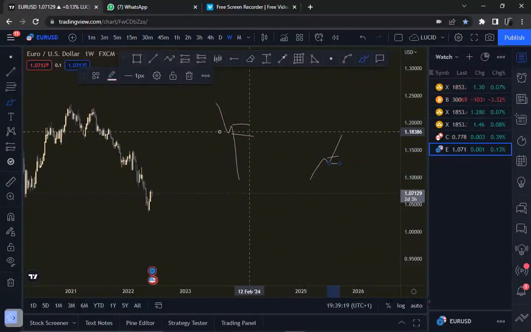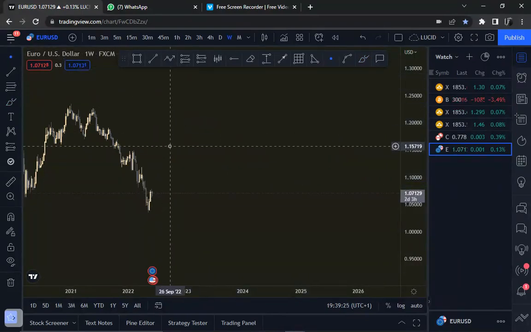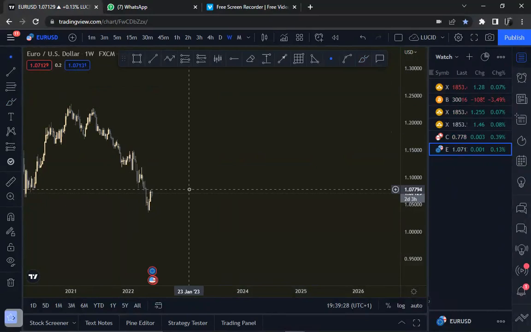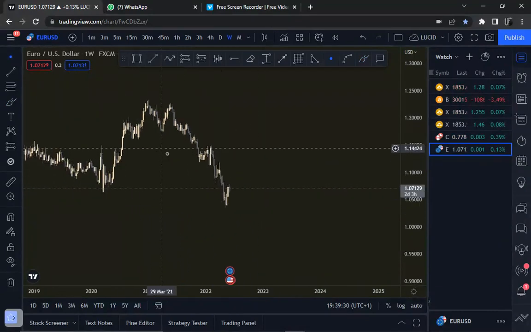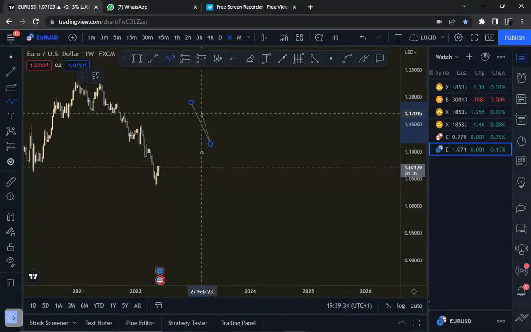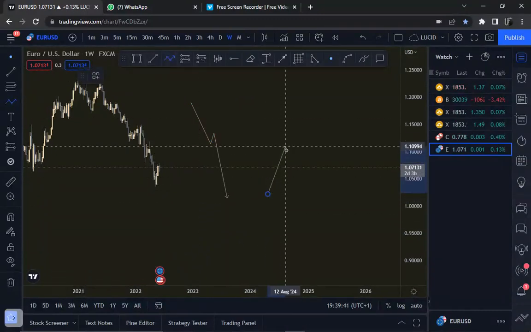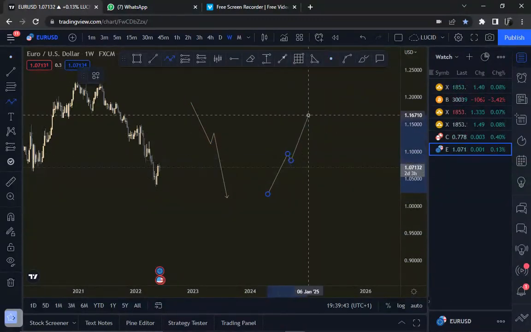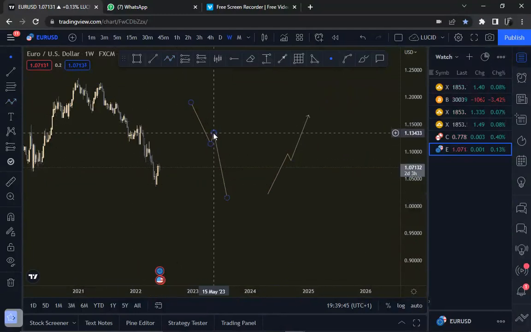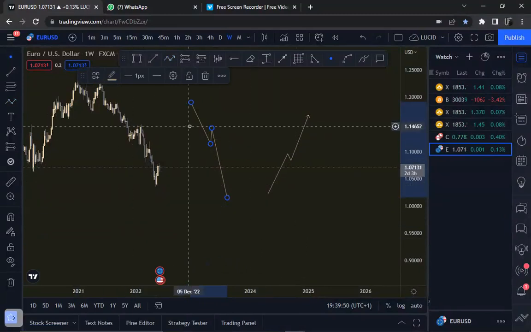Mind you, what you should be looking for is a particular type of candle, not just any movement. Up, down, down, up. This candle takes out liquidity, right?